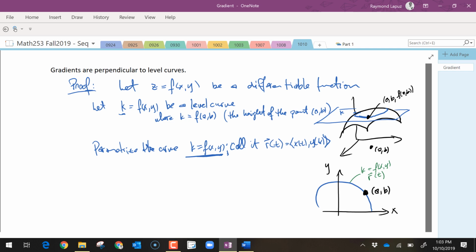So now let me ask you about this composition, f parentheses r of t. It's a composition of f and r of t. There's a few things we can say about this. What can we say about this?